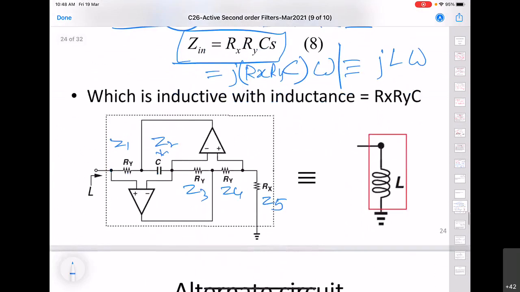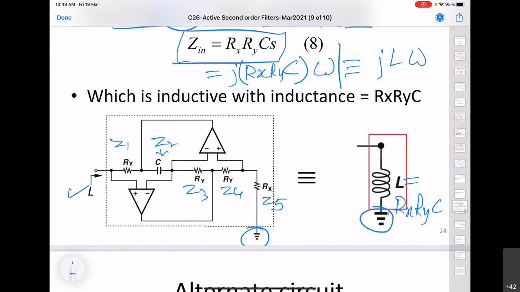So here you can see that we have an inductor L whose value L is given by Rx, Ry, and C. So there is no inductor, yet this behaves like an inductor whose other end is grounded. So keep in mind that this is a grounded inductor.